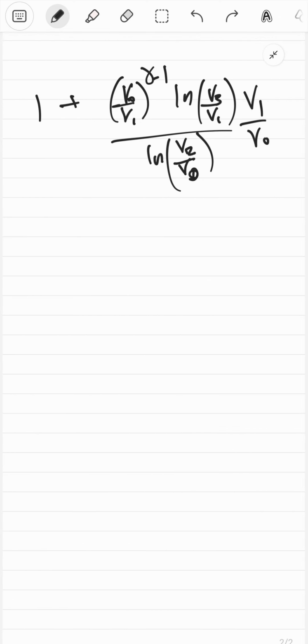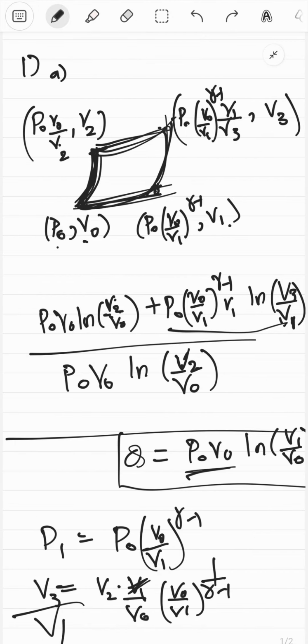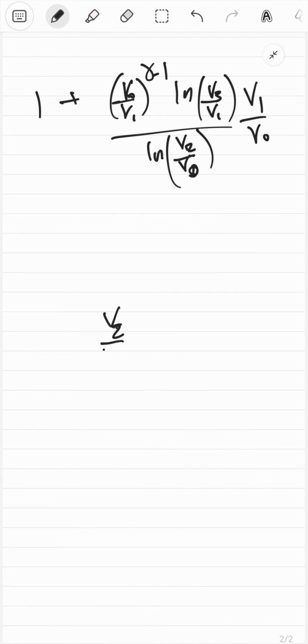It's not giving me a constant. All of this is in fact just using v2, v0 and v1, right? So why is this not working? Okay, let's just actually put in v3 and see what happens. So v3 is just v2 upon v0, v0 upon v1, to the power of 1 upon gamma minus 1, right?